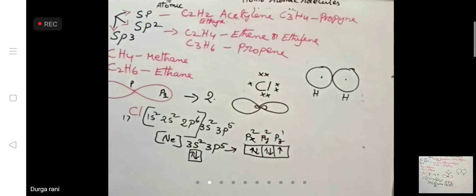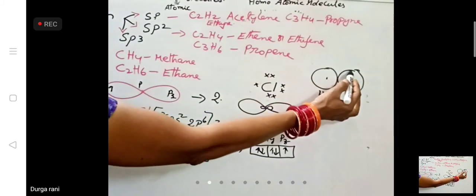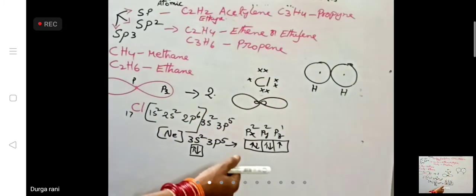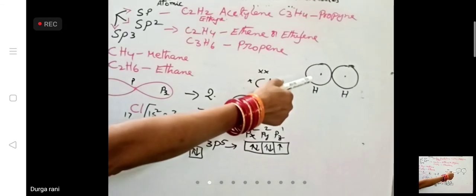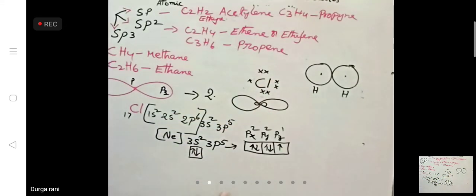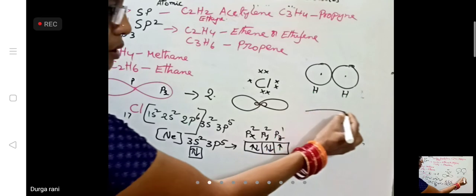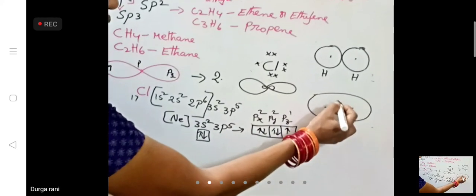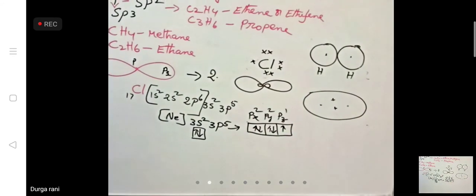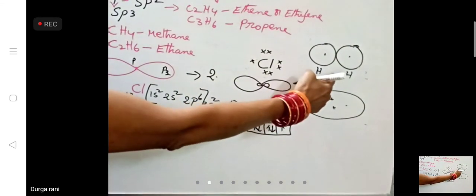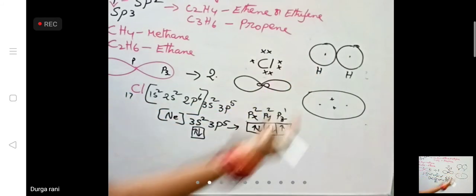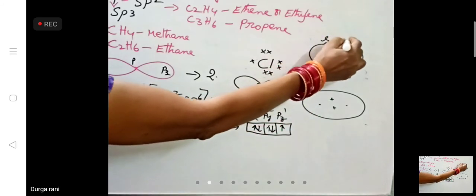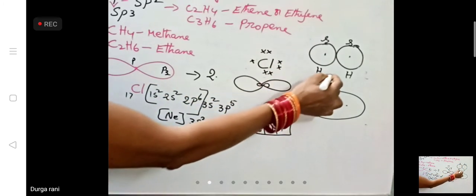When they come close with each other, what is the shape of the orbital? It is not a dumbbell shape like this, it is somewhat elliptical, and here the two electrons are between the two nuclei. This is the s and s overlap, the s orbitals of two hydrogen atoms forming like this.